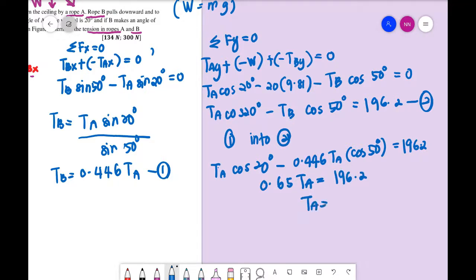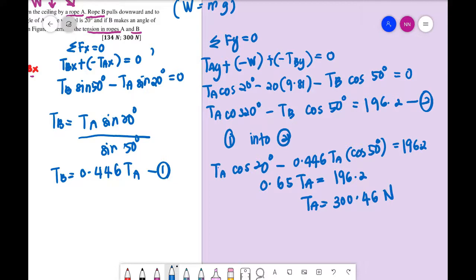TA equals 196.2 divided by 0.65, which equals 300.46 Newton. And then how about TB?